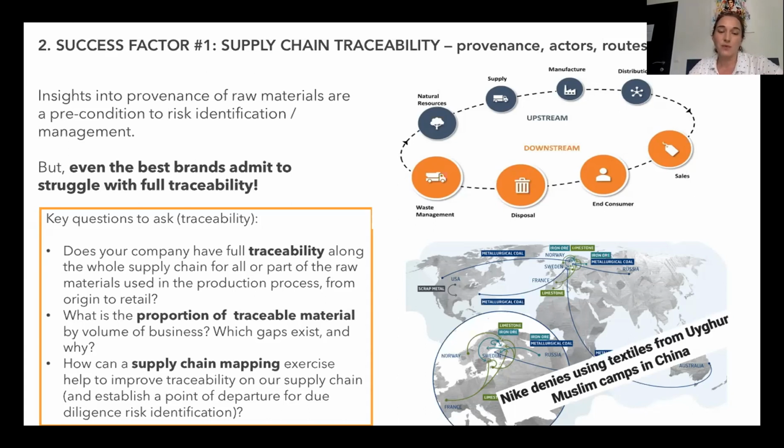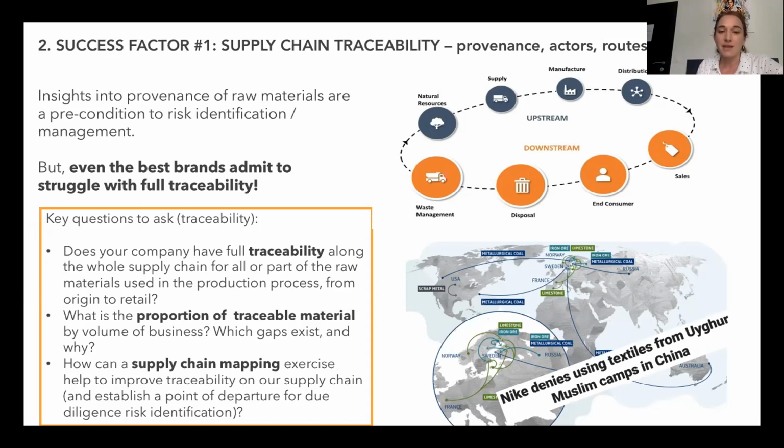And it's really the first step of due diligence, but it's also an ongoing process, because you typically have new suppliers onboarding, and at the same time, your existing suppliers may change their supplier relations along the road.